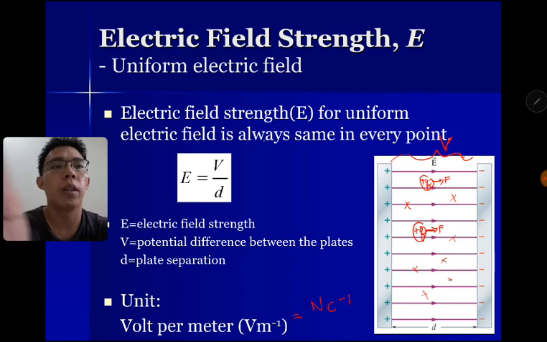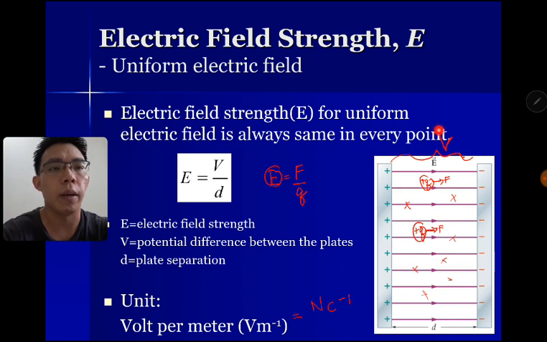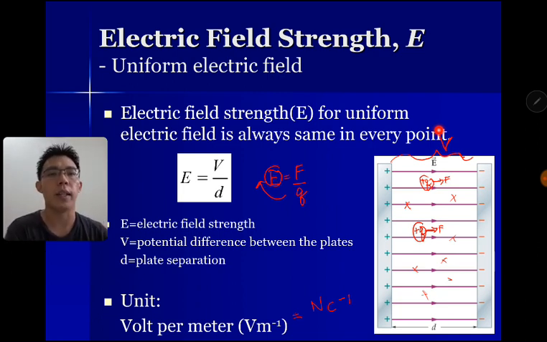If you apply the equation just now, if you place the charge at different points inside the field, the E is going to be the same and the charge doesn't change. So the force that it experiences is also the same at every point inside the uniform field. And if you want to talk about the acceleration, of course its acceleration is also going to be the same, because F equals ma.